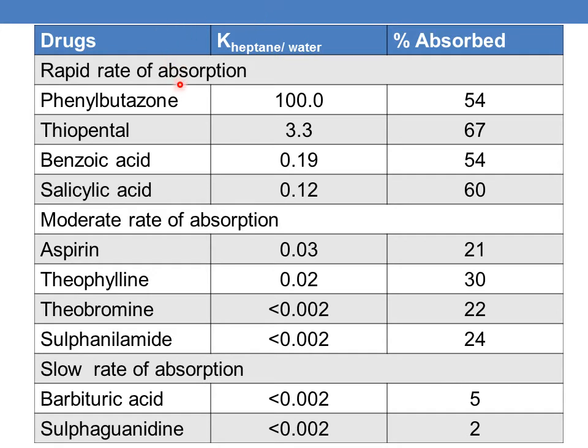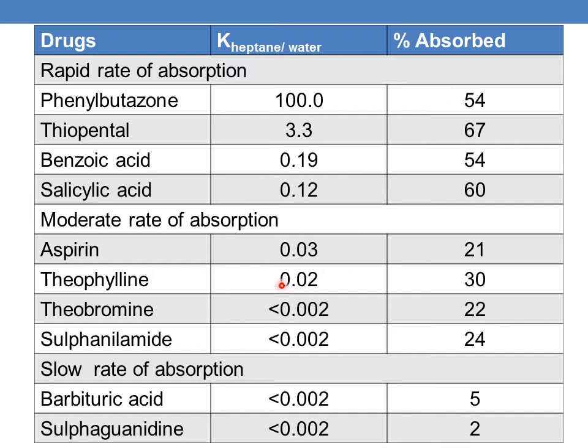First we'll discuss the rapid rate of absorption. The drugs which have a rapid rate of absorption are phenylbutazone, thiopental, benzoic acid and salicylic acid. These are their respective partition coefficients and percentages of absorption.